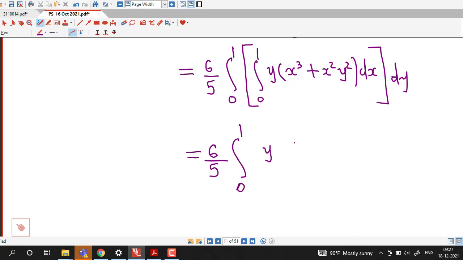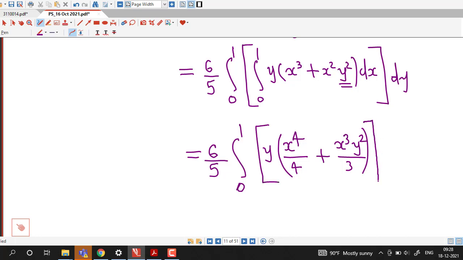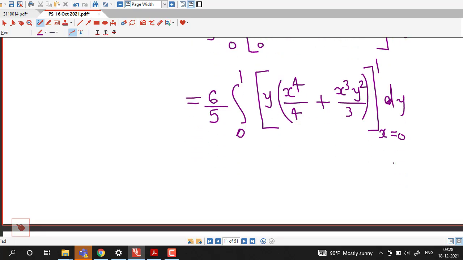The integral of x cubed is x to the 4 divided by 4, plus, since y squared is constant, the integral of x squared is x cubed divided by 3, with limits of x from 0 to 1. Then we will integrate with respect to y after putting in the values of x as 0 and 1.